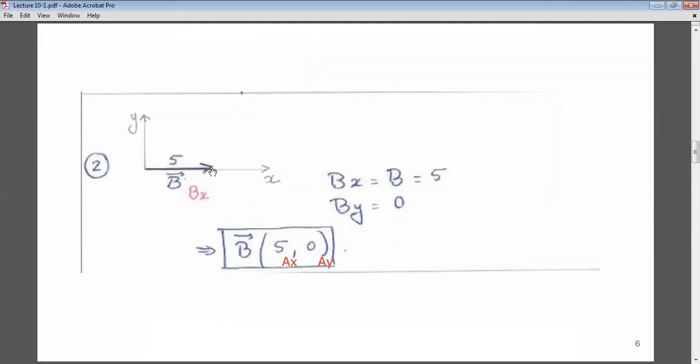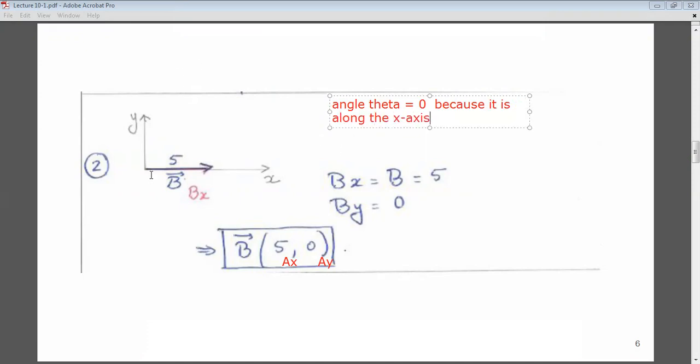It is 5. What is the angle that vector B is making with the x-axis? Angle theta equal how much? It is along the x-axis, so angle theta equal to 0. So in order to go to Bx, we move along B until we reach the tip.